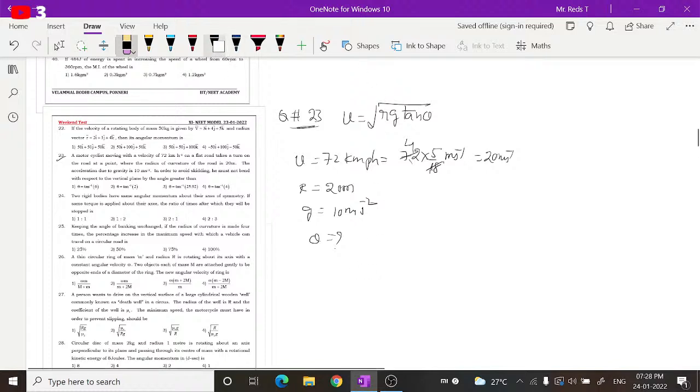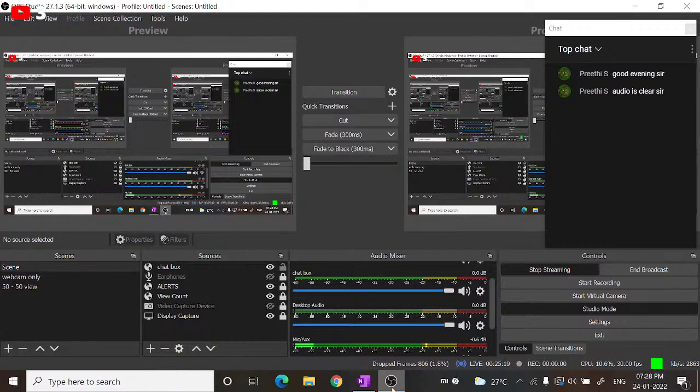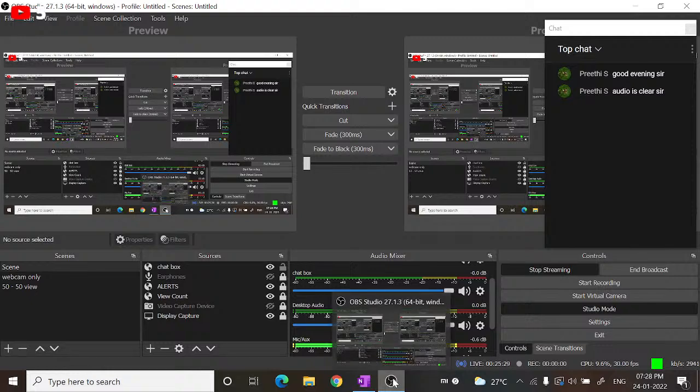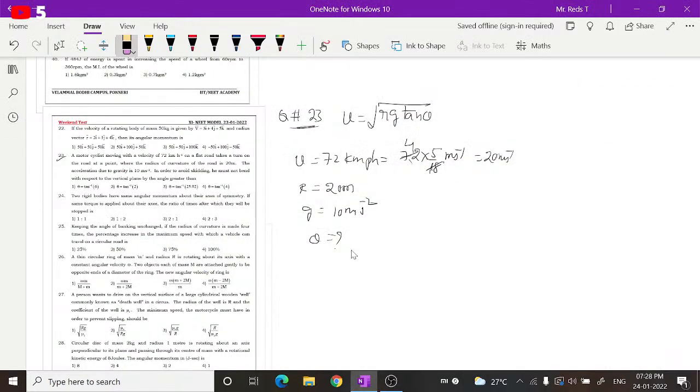It is not selecting the pen. Just a second, guys. I hope you are getting my voice right. There is some issue with this thing. Let me close. Okay, now it is selected. Otherwise, if I close this and restart, then it may work fine. Okay, let's go ahead now.